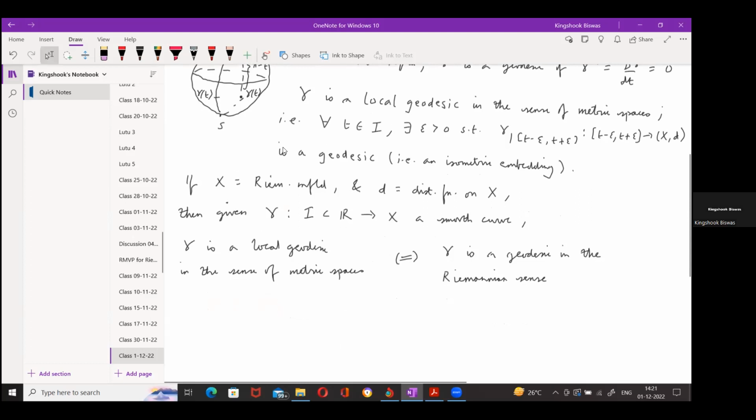All right, so gamma is a local geodesic in the sense of metric spaces if and only if gamma is a geodesic in the Riemannian sense. And let me take the interval to be a compact interval for simplicity.